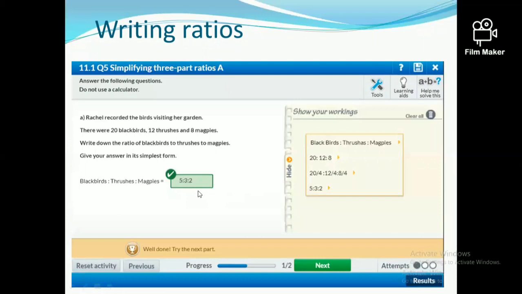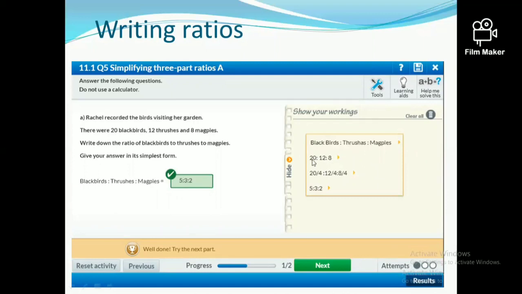Okay. Let's come to this. Rachel records the birds visiting her garden. There were 20 blackbirds, 12 thrushes, and 8 magpies. Now we want to write it in simplest form. There are 3 values. If you get 3 values, children, what you have to do is divide all the 3 numbers by a common value.